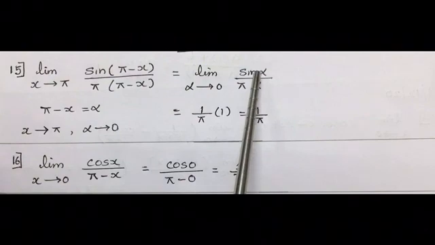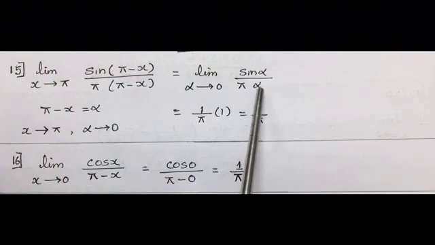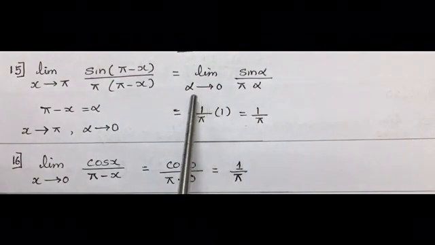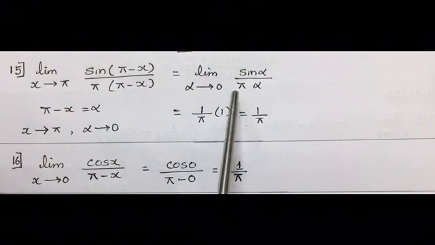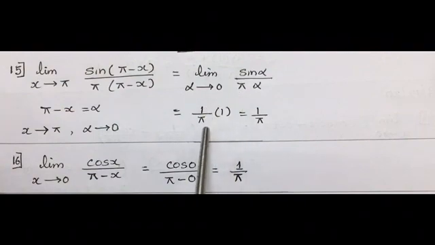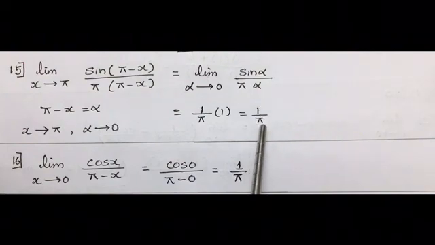Now as per the rule, sin alpha upon alpha will be 1 when alpha tends to 0. So keeping 1, pi is a constant, so 1 upon pi into 1, the answer is 1 by pi.